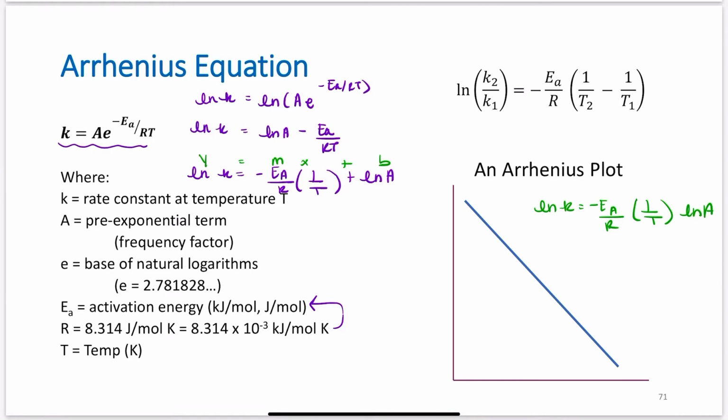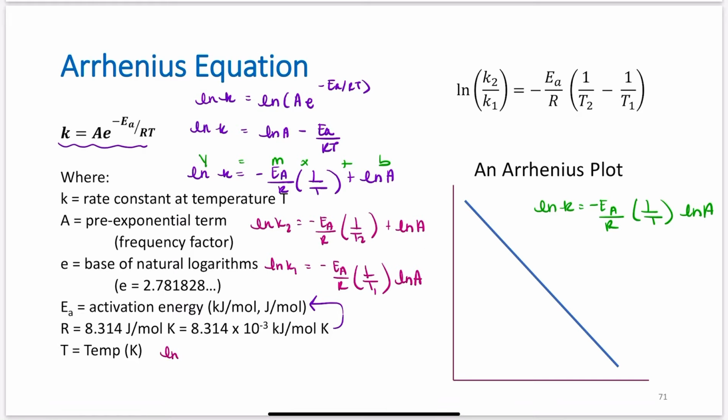I can also continue this process. The natural log of k2 would be equal to negative E sub A over R times 1 over T2 plus the natural log of A. Natural log of k1 is negative E sub A over R times 1 over T1 plus the natural log of A. Really running out of space here.